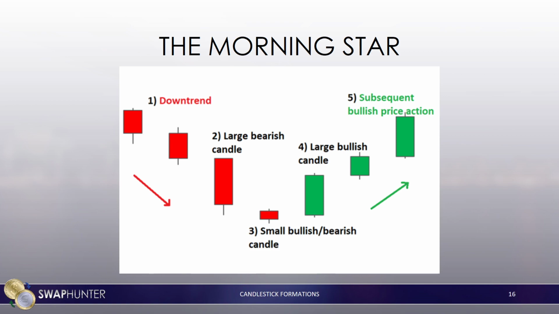Lastly, for the morning star to be identified correctly, we need subsequent bullish price action after this large bullish candle, so more bullish candlesticks forming. Ideally 3 or 4 bullish candlesticks, and this will confirm the morning star pattern has formed.